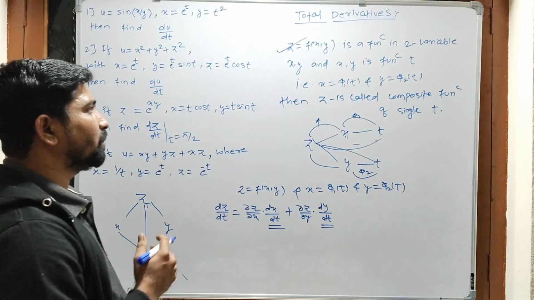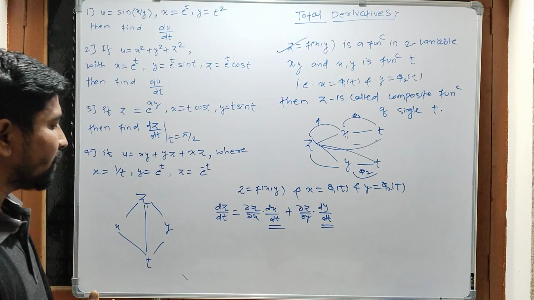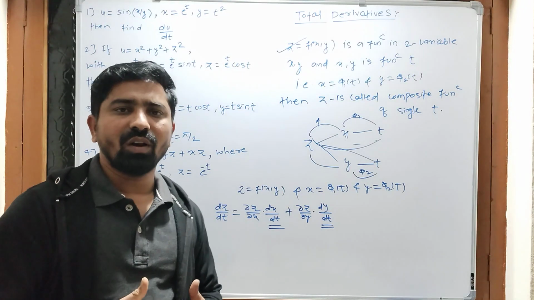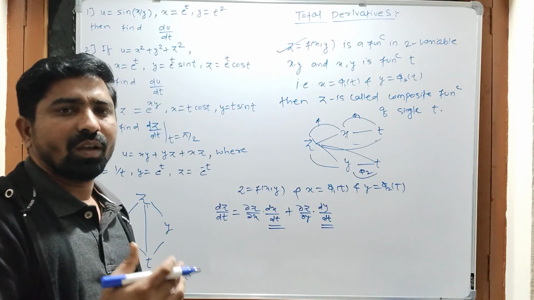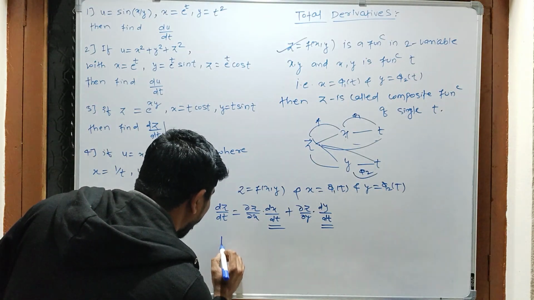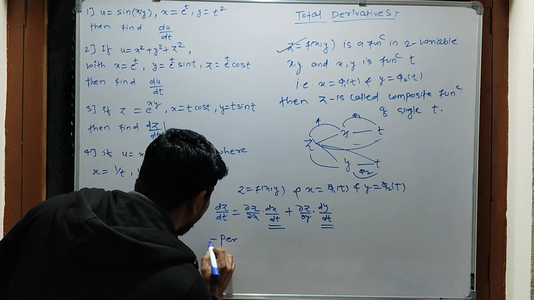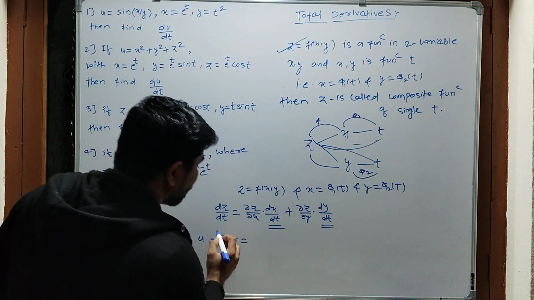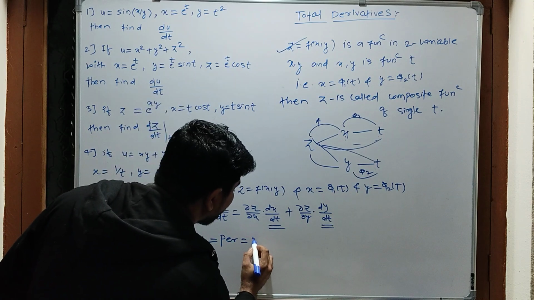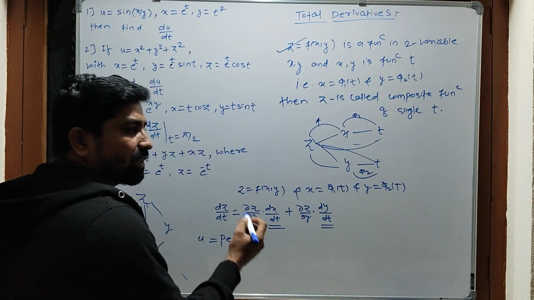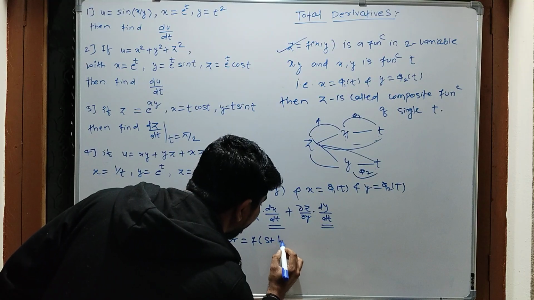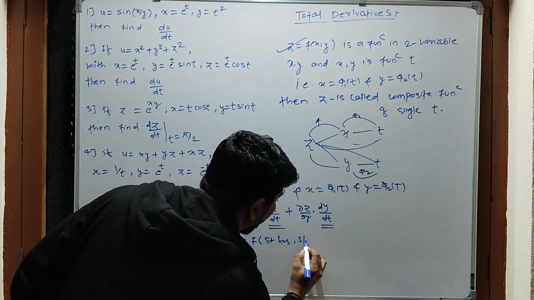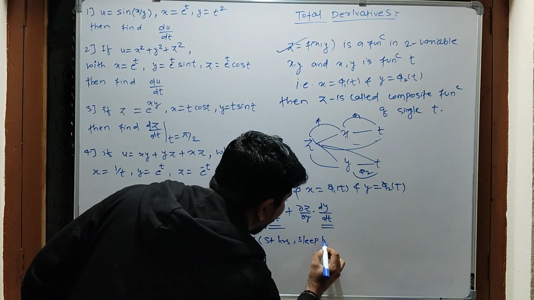Let's say the performance of the student depends on, let's say, study hours and sleeping hours. So let's say u equal to performance of your student, u depends on the function of two independent variables, let's say study hours and sleeping hours.